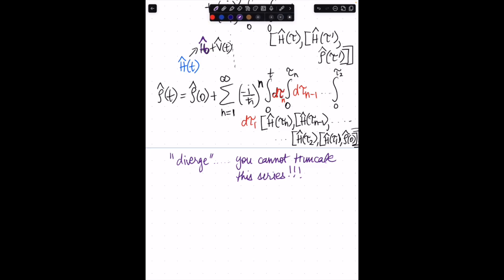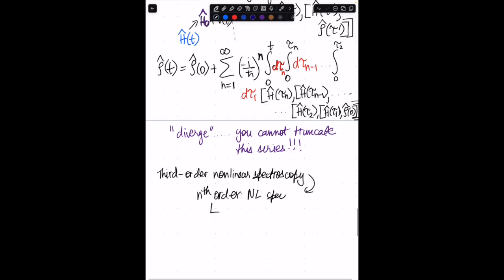So when you consider third order nonlinear spectroscopy, or in general nth order nonlinear spectroscopy, you have n perturbations, or n interactions of the matter system with the light field.